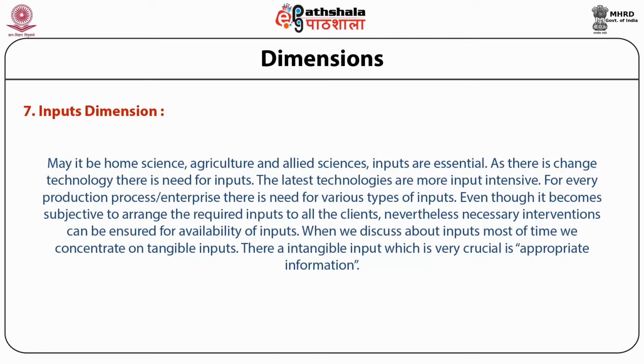Hence, we are facing a lot of constraints. The moment we have appropriate information, it has the potential of overcoming the problems of inputs. With all these inputs, we are successful in the production process. The input dimension doesn't stop here.